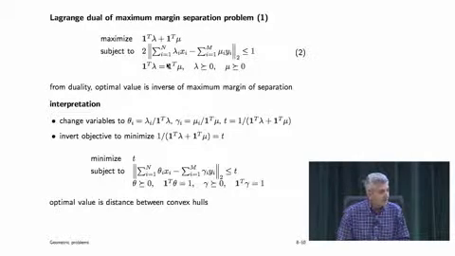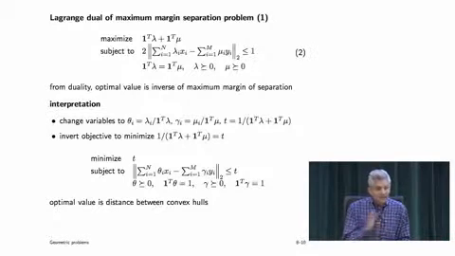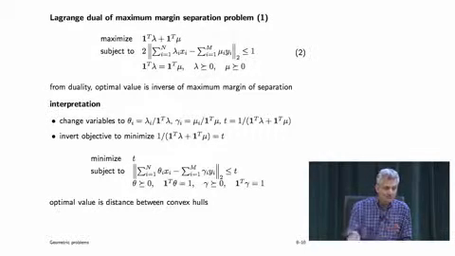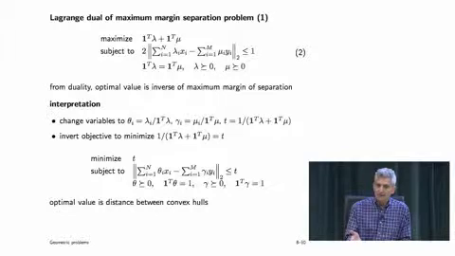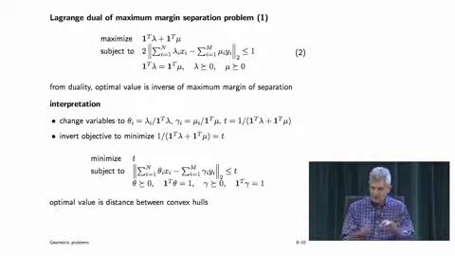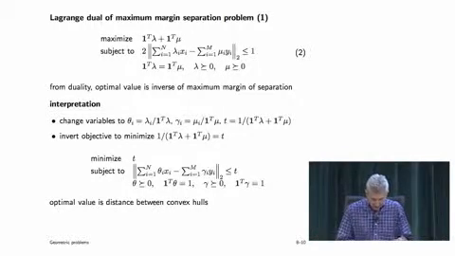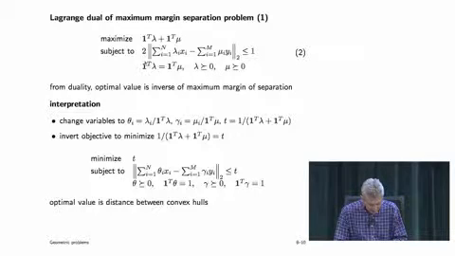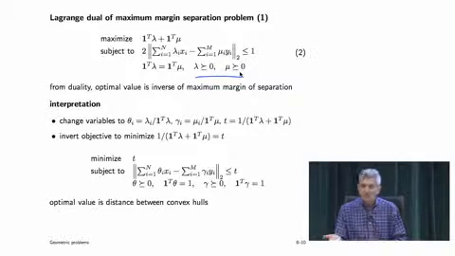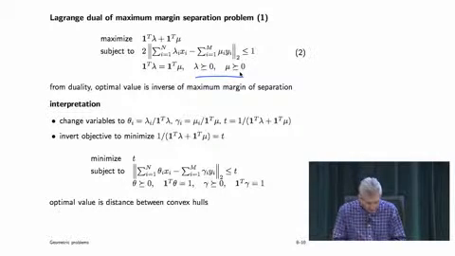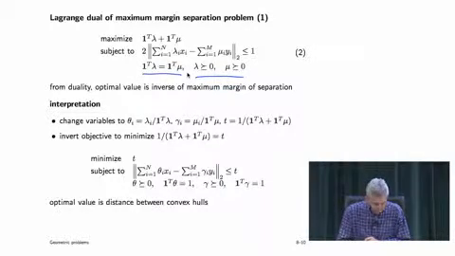I get two sets of Lagrange multipliers, lambda and mu. They are associated exactly with the two sets of linear inequalities, for the x's and for the y's. And you get some very interesting constraints. I get a norm constraint here. Those are inequalities, so these things are non-negative. And I get this equality constraint here.